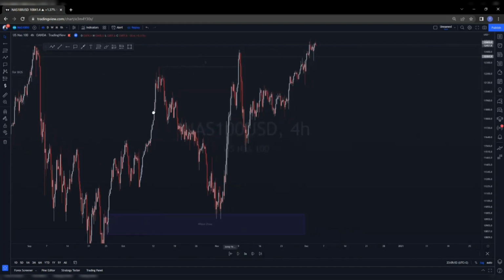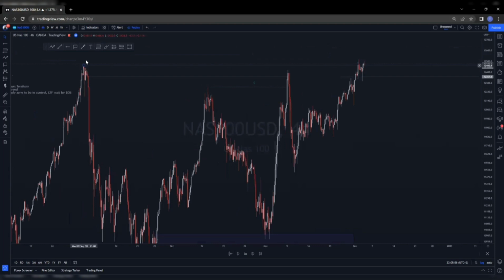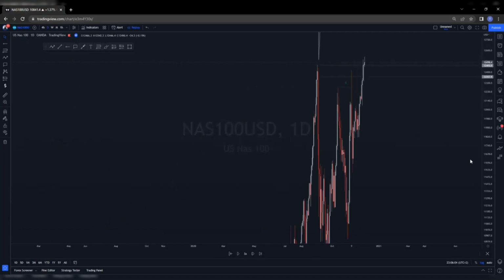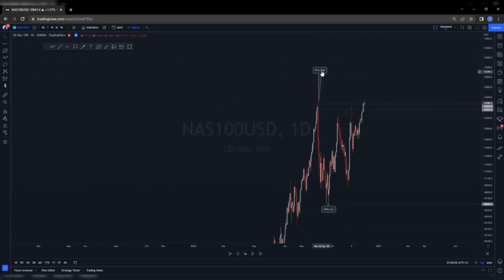All right, so on the 4-hour, we recently got a break from that daily high. Now I can go back to the daily to consult. Okay, this new high now has been taken out. Do we have a fair value gap?